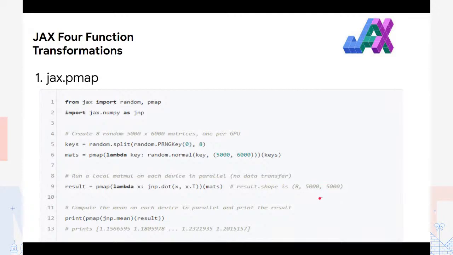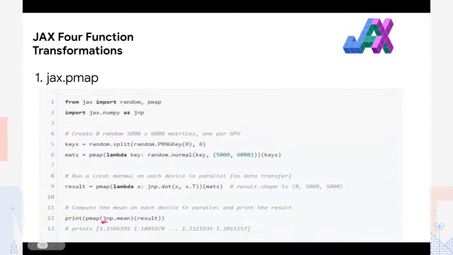Finally, this pmap function is used for the third time to compute the mean of the result that we got here. We're calculating the mean here. So the resulting array has one element per device, and it's printed in the console using this print function. So we got something similar to this.